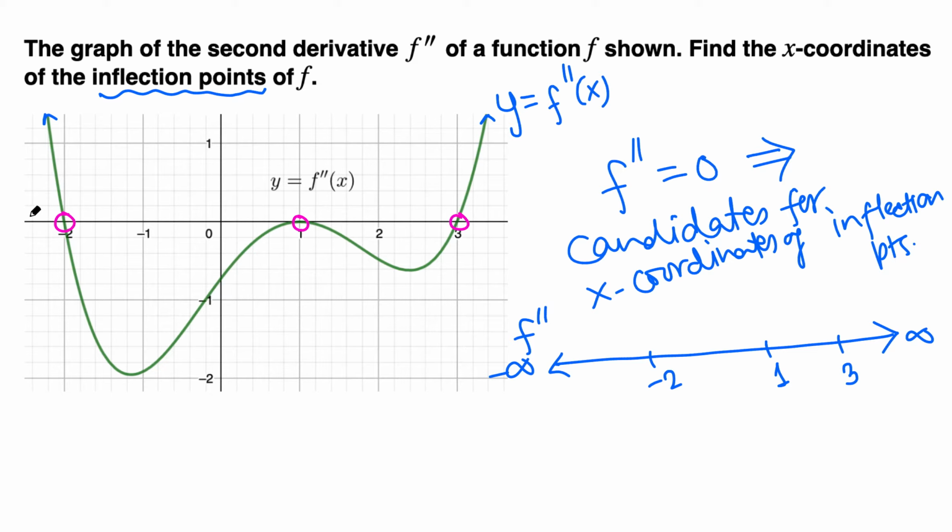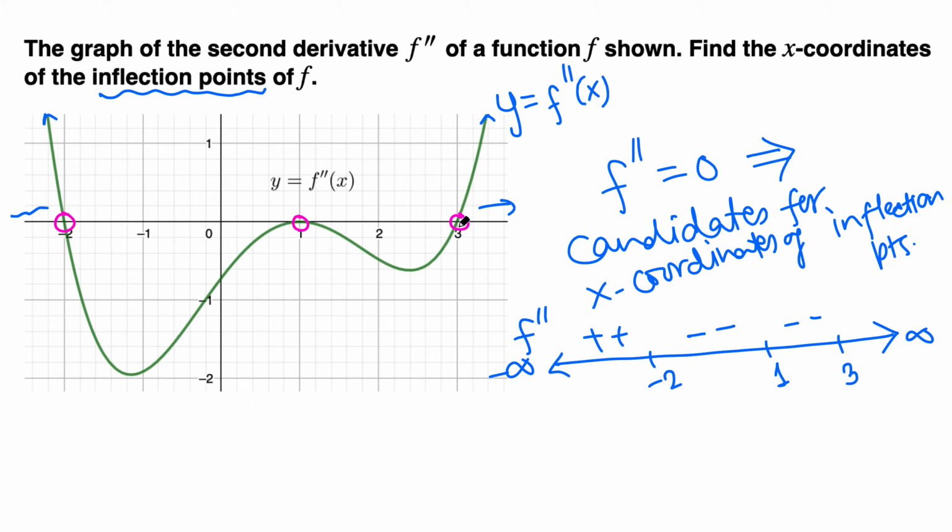On the left of -2, the graph is above the x-axis. That means the second derivative is positive here. From -2 to 1, this is below the x-axis, so negative. Again, 1 through 3, below the x-axis, negative.